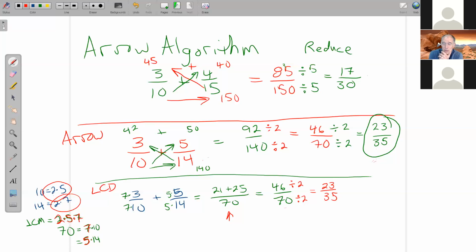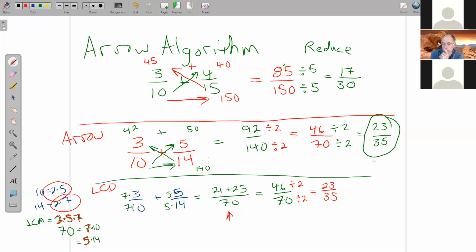Did we have to find a common denominator for both of them? Yes, we did. Okay, so that's how they're alike. What else? We have to reduce sometimes for both of them? Yep, that's true too.